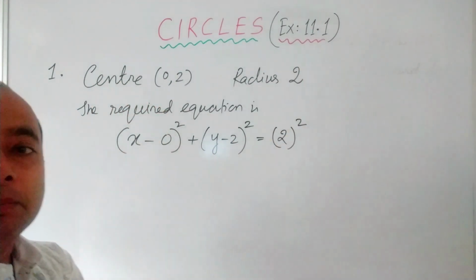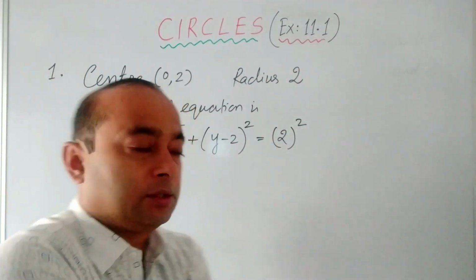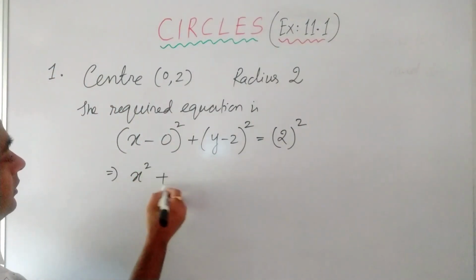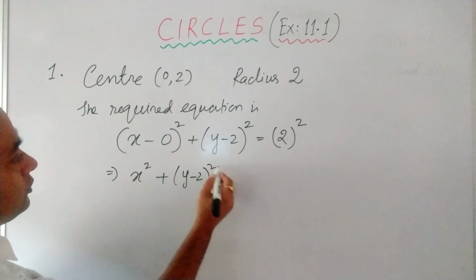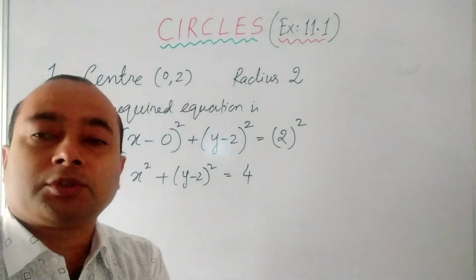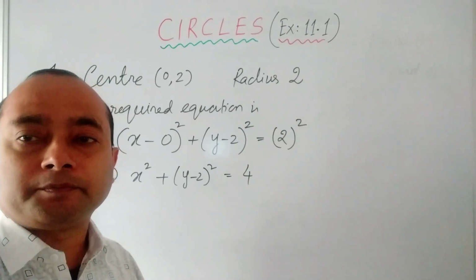I have directly applied the formula that we had written. So here we see, it becomes x square plus (y minus 2) whole square equal to 4. And this is the required equation of the circle.